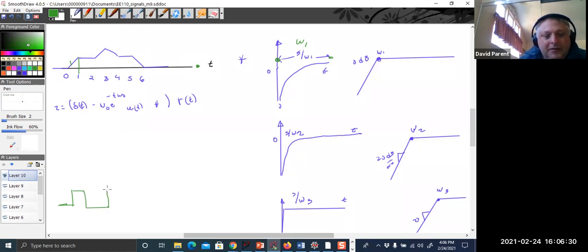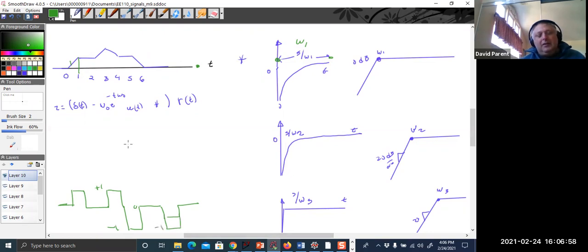Then it takes the derivative again, but then right here the derivative goes negative, then it goes back to 0. So +1, -1, it goes down -1.